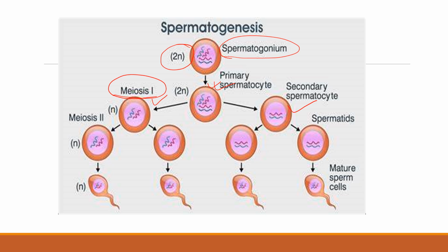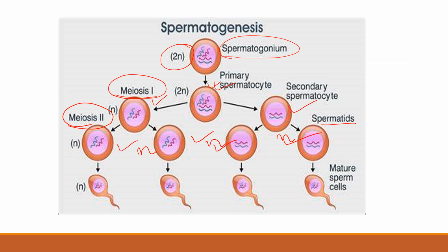These secondary spermatocytes again undergo meiosis 2. They form 1, 2, 3, 4 spermatids. So each spermatid also has n number of chromosomes. Okay, they are also haploid. So they are not diploid, they are haploid. So this is happening after meiosis 2.